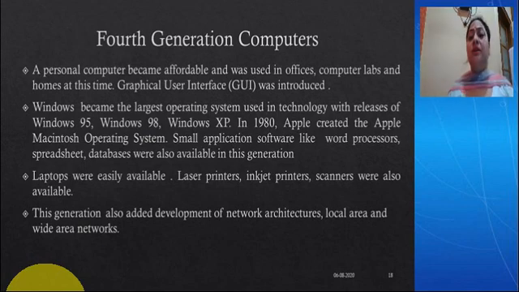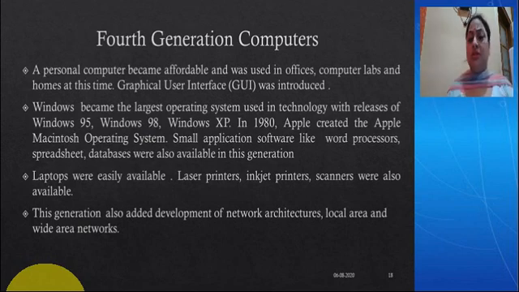Graphical User Interface, GUI, was also introduced in the fourth generation computers. Windows became the largest operating system used in technology with the release of Windows 95, Windows 98, Windows XP. In 1980, Apple created the Apple Macintosh operating system.